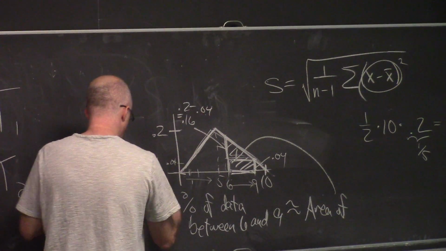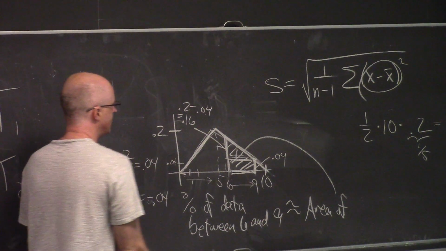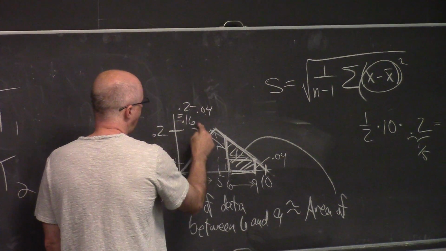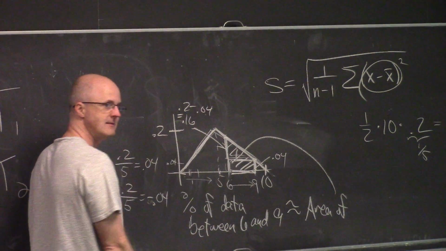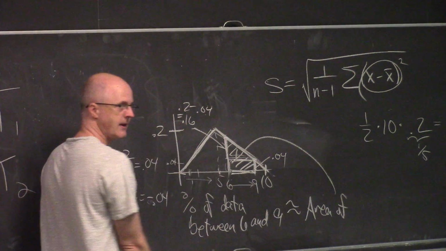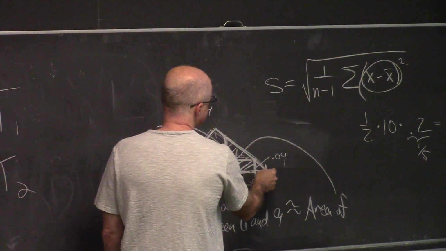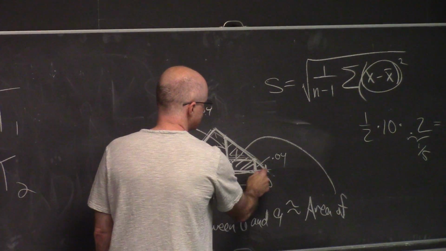So each time x goes up by 1, y goes down by 0.04. Since y is 0.2 when x is 5, y has to go down by 0.04 to 0.16 when x is 6. And that's the height of this thing right there. The height of that side of the trapezoid. Since 9 is 1 unit away from 10, the height of this one's got to be 0.04.